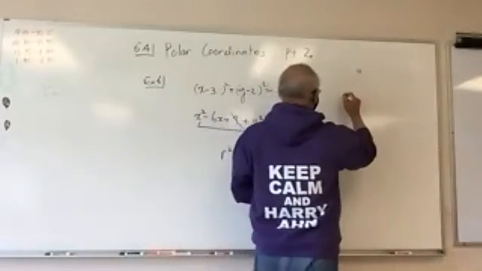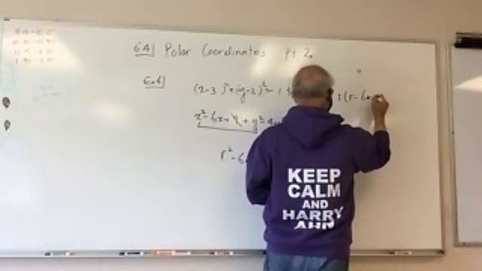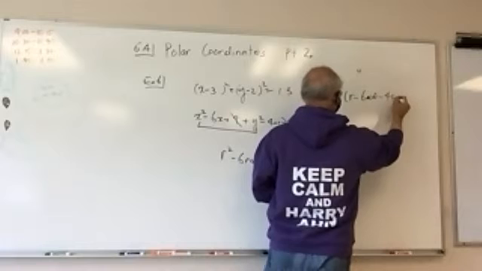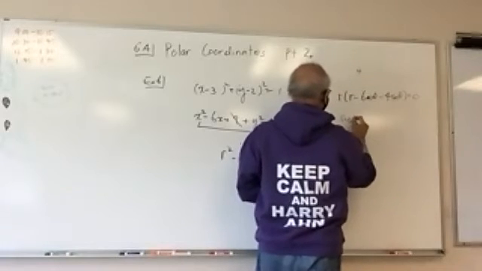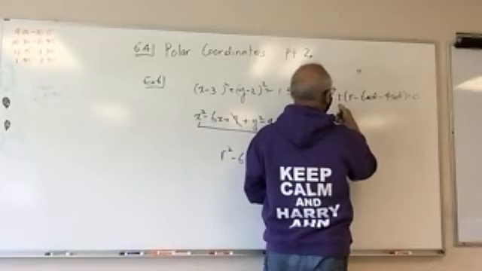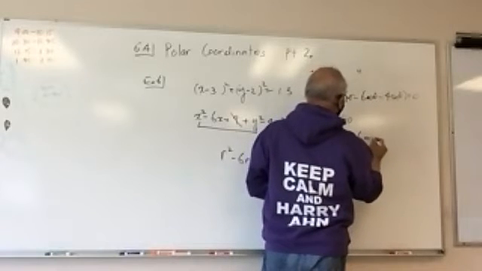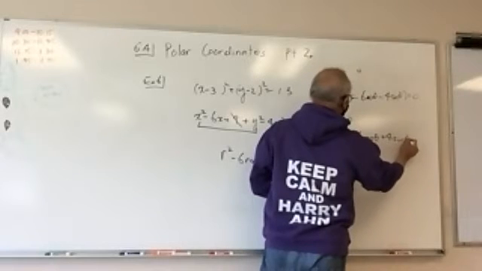So I pull the r out, I get r times (r minus 6 cosine theta minus 4 sine theta) is equal to 0. So r is equal to 0, or this guy could be equal to 0, which means r is equal to 6 cosine theta plus 4 sine theta.